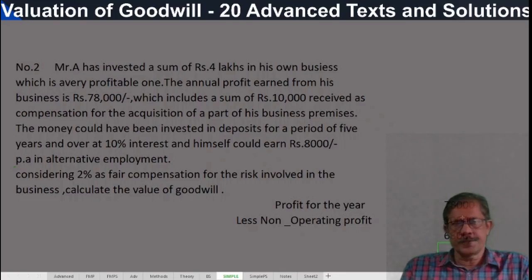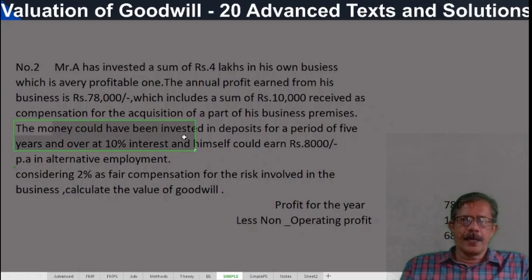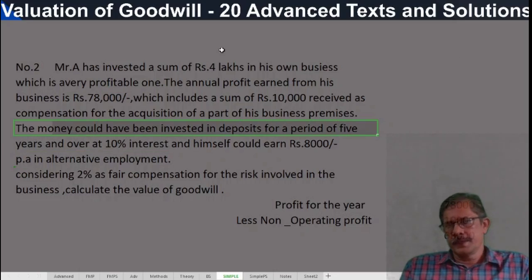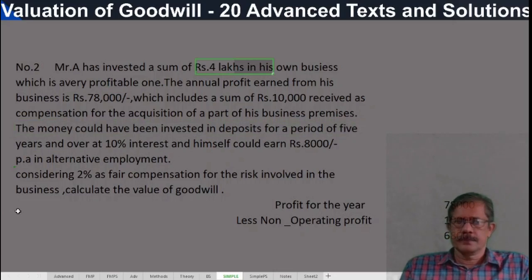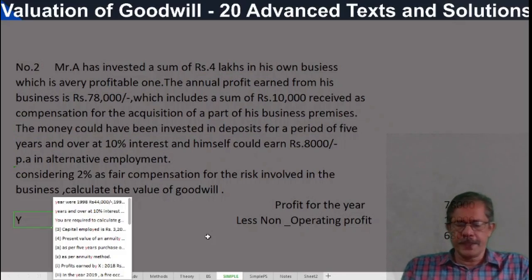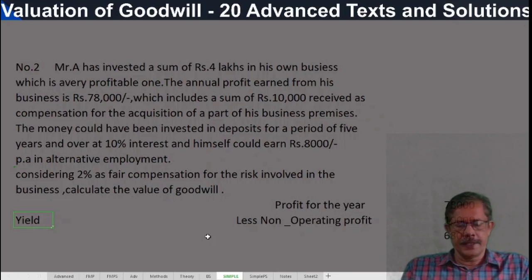Okay, correct? Then the money could have been invested in deposits. Which money? This 4 lakhs. The money could have been invested in deposits for a period of 5 years and over at 10% interest. And we have studied about yield expected by the investors.